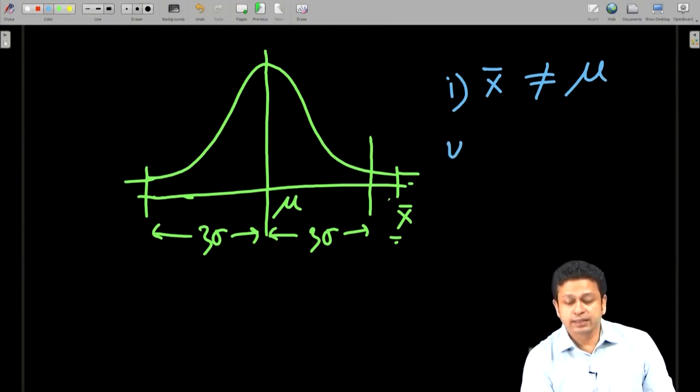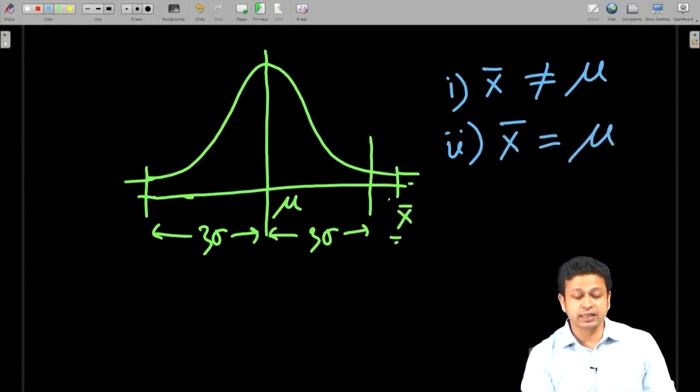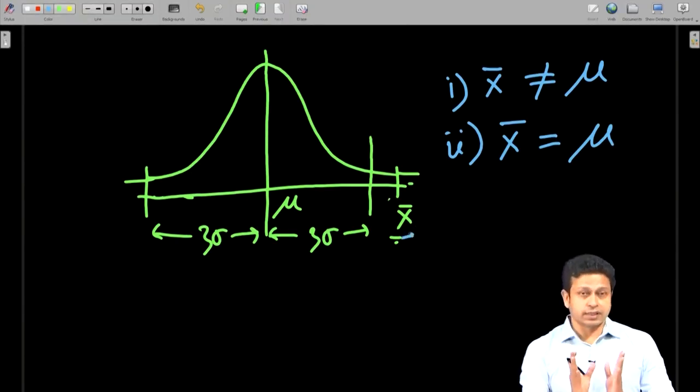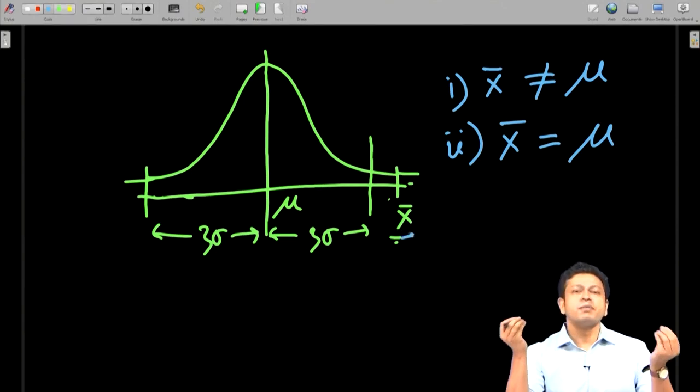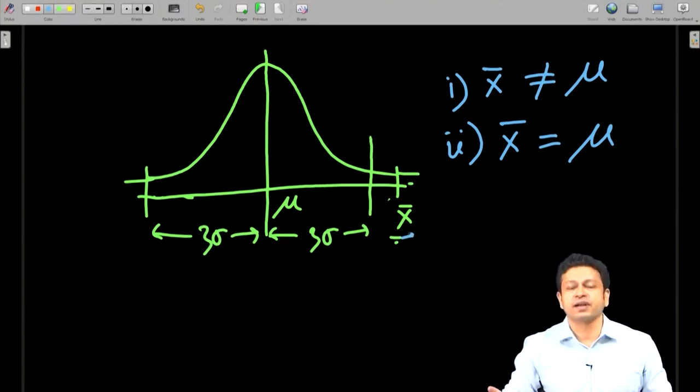Or it could be that it is actually representing the population, but for some extreme reason I ended up finding this particular observation here, right. So, it is also a possibility, since I am having many observations, that some observation might be extreme.